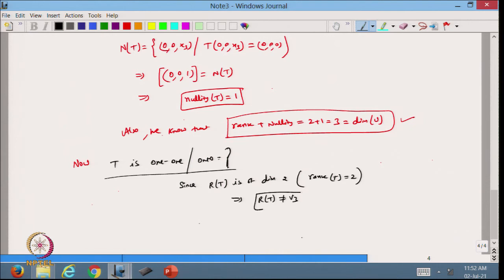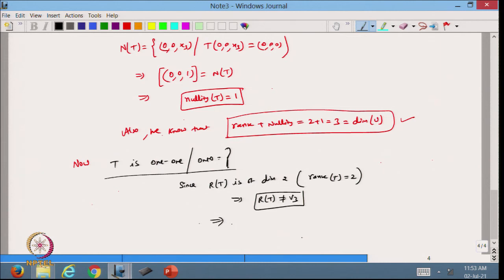It means there are a few elements in V3 which are not coming in the range space of the given linear transformation T.